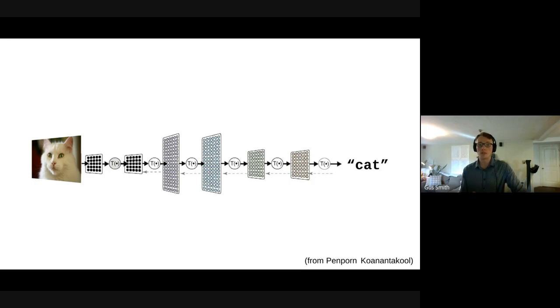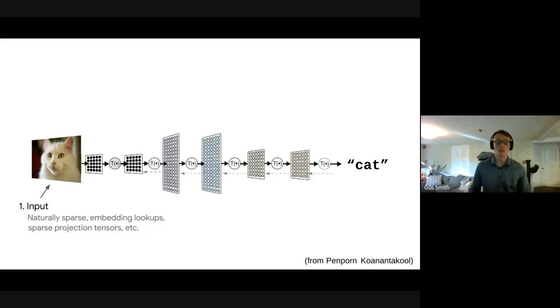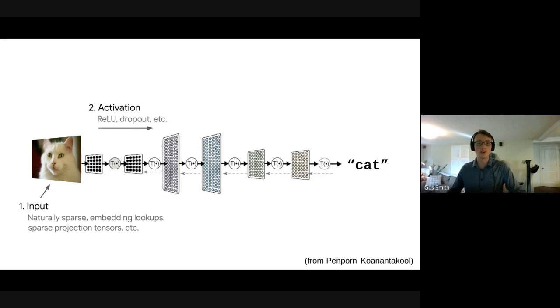But even just in a CNN, we're going to see that sparsity occurs in a lot of different places. First, the input can be naturally sparse. It can also be induced into sparsity. Depending on what type of network this is, we might be taking in graphs as input, which are naturally sparse. So the input to our network can be sparse, can contain many zeros.